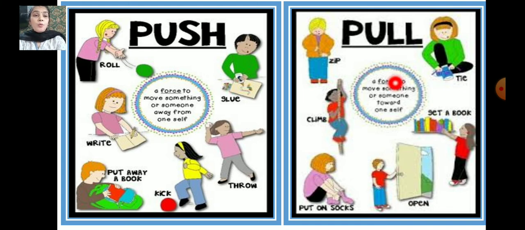And what is this? Pull. Pulling to lock the zip, to tie the knot, climb, set a book, open the door, or put on socks. To do these tasks we need to pull, and to do those tasks we need to push.